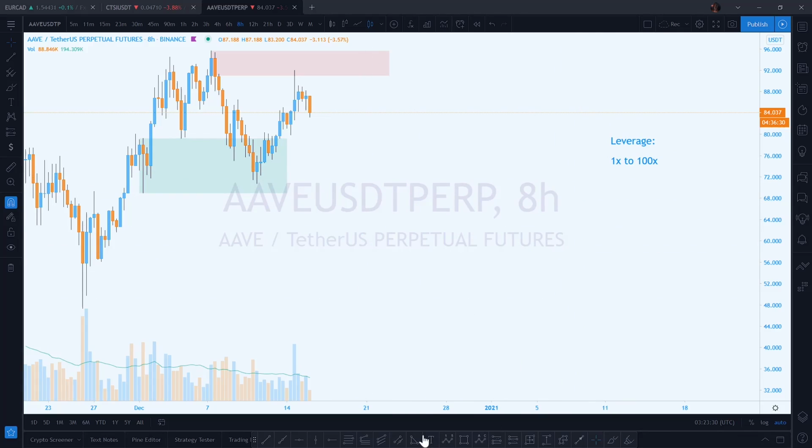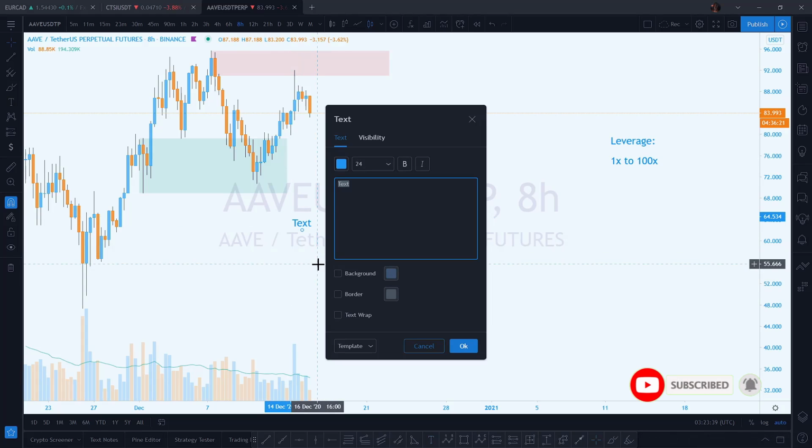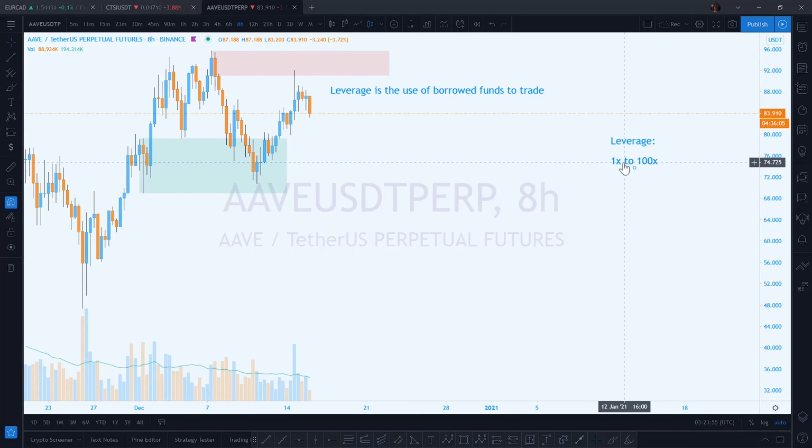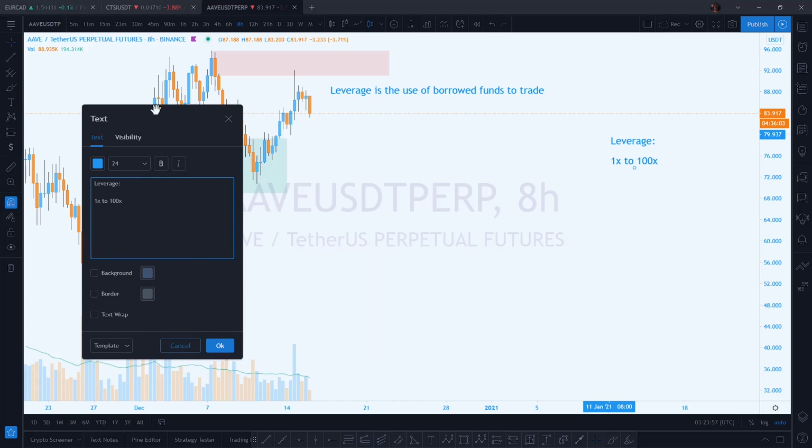First, you should understand that leverage is using borrowed funds to trade. So this means, let's say your balance on your account is $1,000, and you want to use a leverage of 1x.